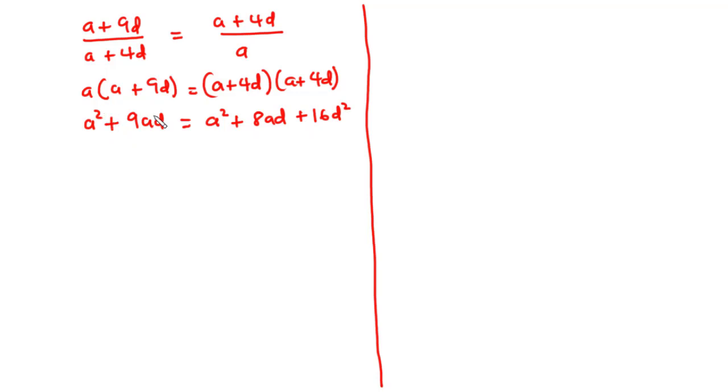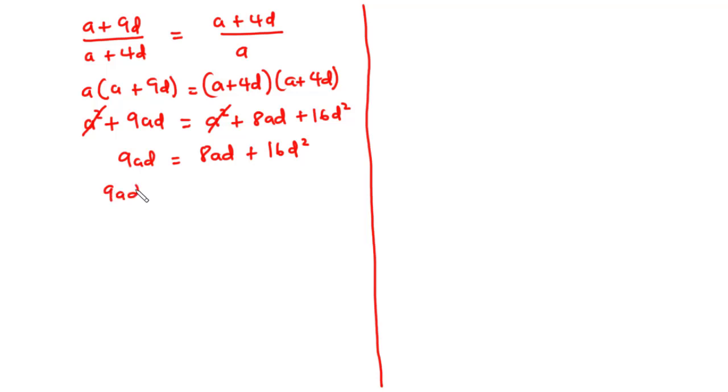Now we have a squared, we have a squared, so we can cancel out a squared, and then we are left with 9ad equals 8ad plus 16d squared. So now let's transpose all the terms on the right hand side to the left hand side.